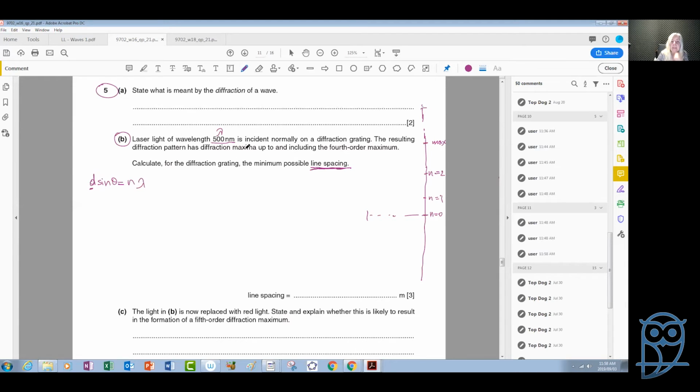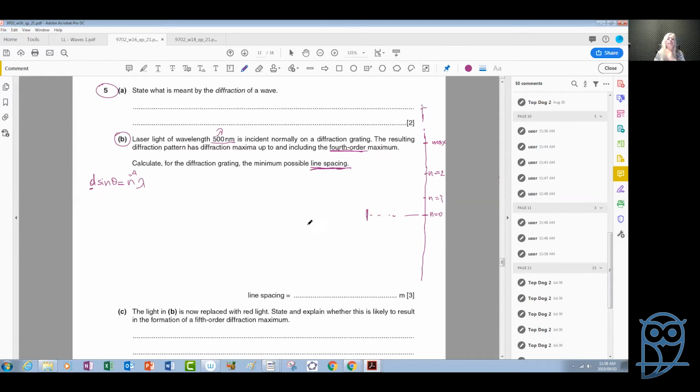They say that the resulting diffraction pattern has diffraction maxima up to and including the fourth order maximum, which means that n is up to 4. This is the last maximum that we are going to see from this grating.